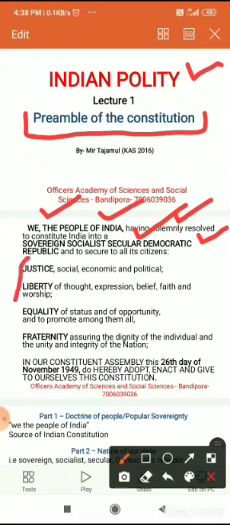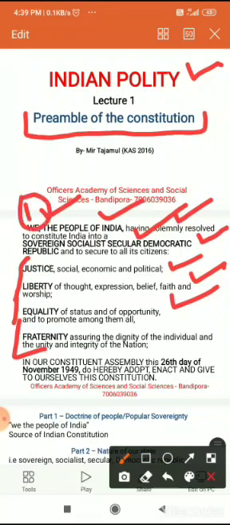And to secure what? Justice, liberty, equality, and fraternity. We will be explaining all these components in this lecture. So up to now we have three components. First is the popular sovereignty, that's we the people of India.